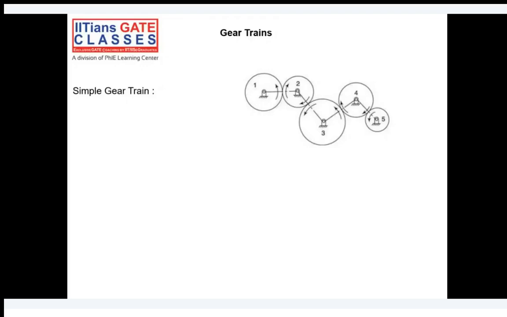The gear trains are of four types: simple gear train, compound gear train, reverted gear train, and planetary. You can call it an epicyclic gear train also. Okay, I'll just list them here.